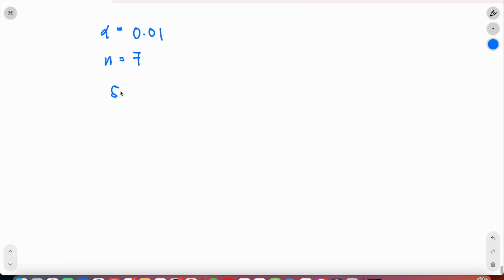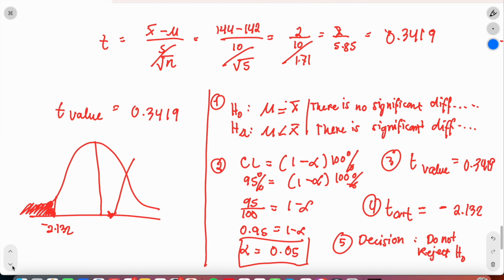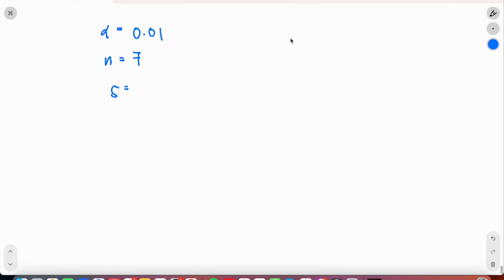And the s here, instead of using the 10 minutes standard deviation, use 19 minutes. So your standard deviation is 19. Okay, so you solve for the sample mean of those 7 friends, and of course the mu here is still 142.